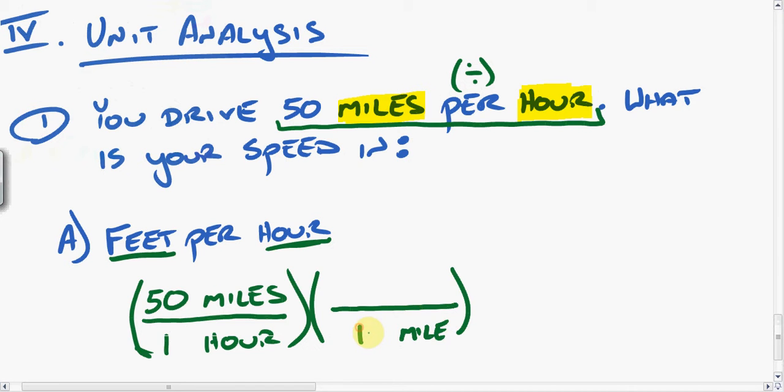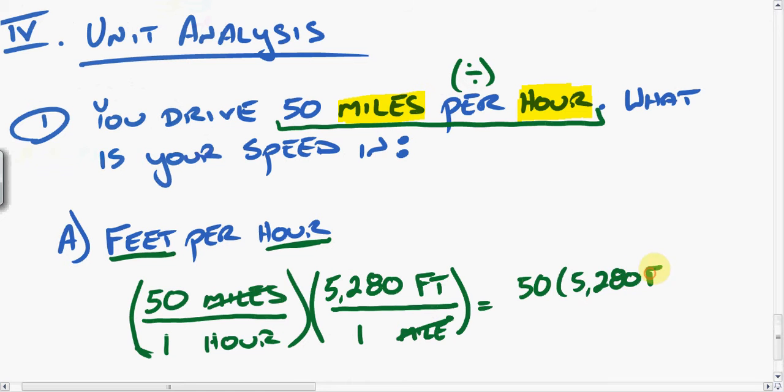So I have 1 mile is 5,280 feet. By multiplying by 5,280, the miles cancel, and now I can just multiply across. So I have 50 times 5,280 feet over 1 hour.